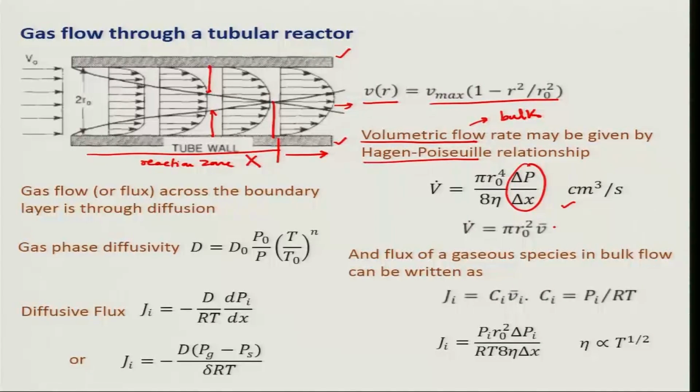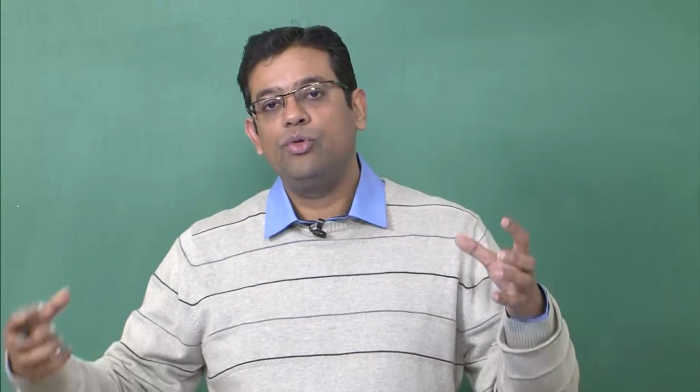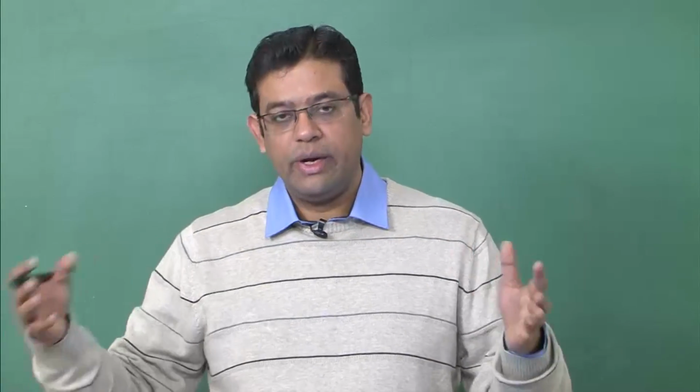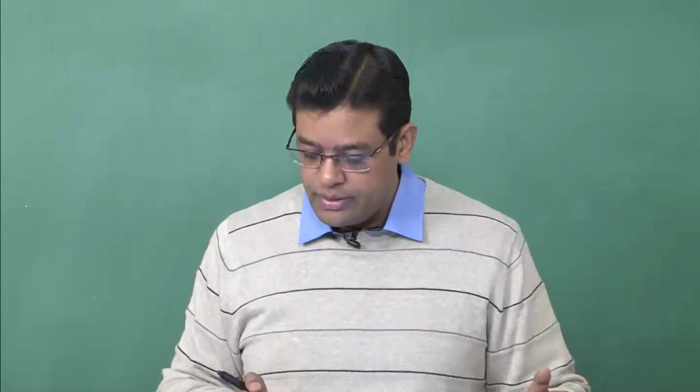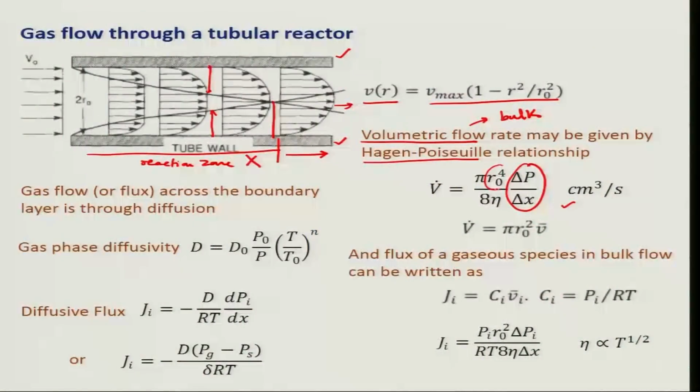Gases are flowing in a pressure gradient; gases will only flow when you have two different pressures at two ends, flowing from higher pressure to lower pressure. It depends on the radius of the reactor and the viscosity, and can also be written in terms of the average velocity of the gas.